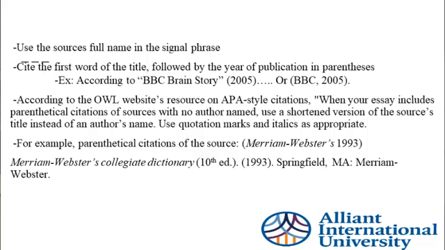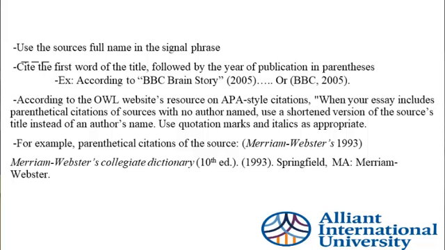According to Purdue OWL's website, a resource on APA style citations, when your essay includes parenthetical citations of sources with no author named, use a shortened version of the source's title instead of an author's name. So use quotation marks and italics as appropriate. For example, if they were talking about a certain word and its definition was according to Merriam-Webster, Merriam-Webster is the dictionary, so they italicize it for their reference.